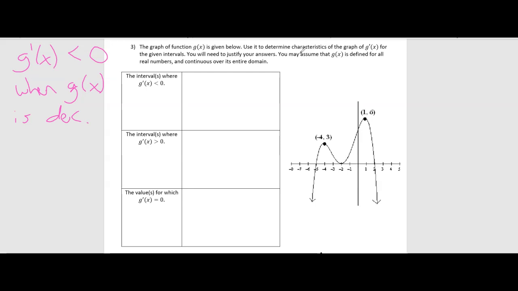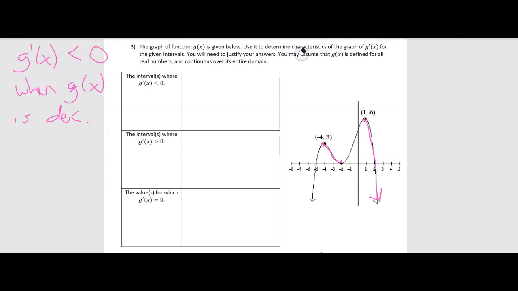Well, we have an interval from -4 down to -2. The function is decreasing on that interval, and it's decreasing from 1, well, all the way to positive infinity, right? It said g of x was defined and continuous for all real numbers, so we can assume that this function is going to keep going.